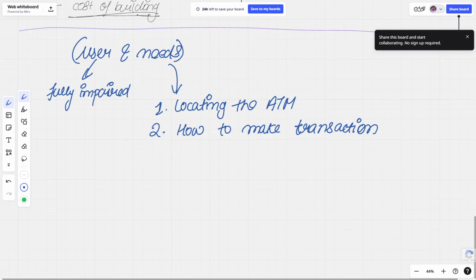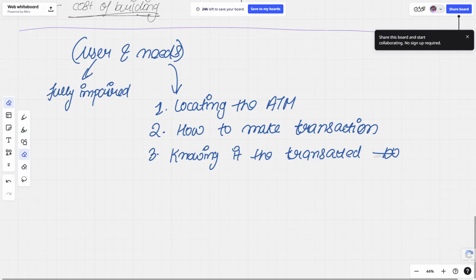And third could be, if they know how to do the transaction, then knowing if the transacted amount is correct or not.